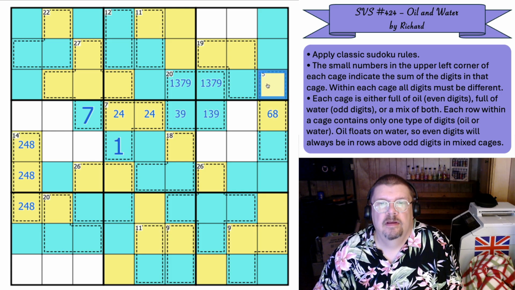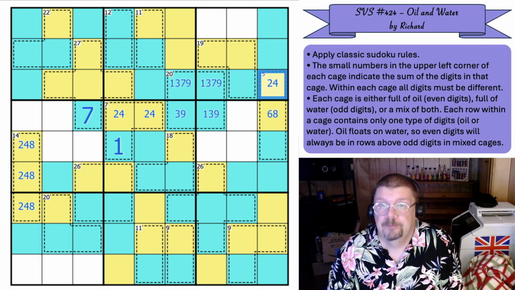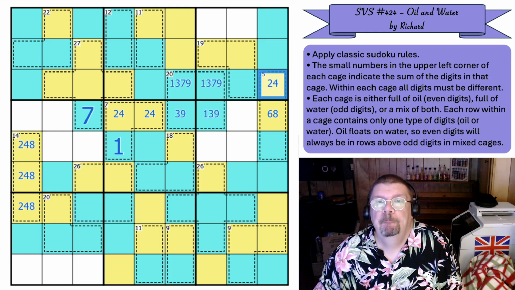This can't be 6 or 8, because if it was 6, this would be 8, and this would have to be 1, which it cannot be, and if it were 8, this would be 6. So this must be 2 or 4.